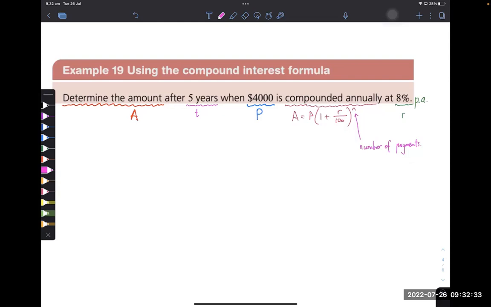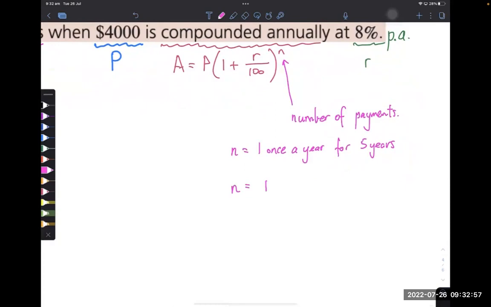So how many times is it going to compound? Total 5 times. So I'll just write this out. Once a year, for 5 years. I'll just write it out like this so you can actually see why I write N equals 1 times 5.